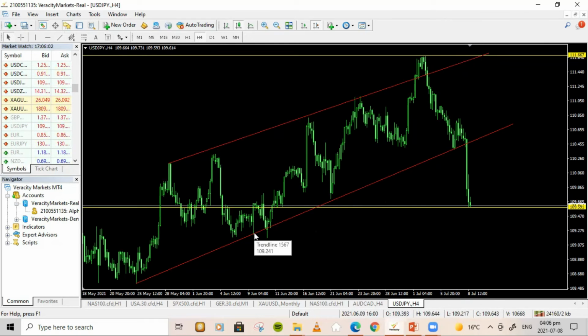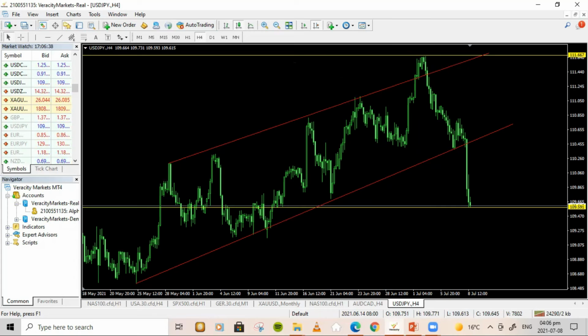The bottom trend line is just the same as your support. Remember we said we draw support at the bottom, same as the bottom trend line. And then this top trend line acts as your resistance, just as the horizontal resistance level is drawn here. So this trend line is restricting the market from going above this level, and this support trend line, which is the bottom trend line, is preventing the market from going below this level.